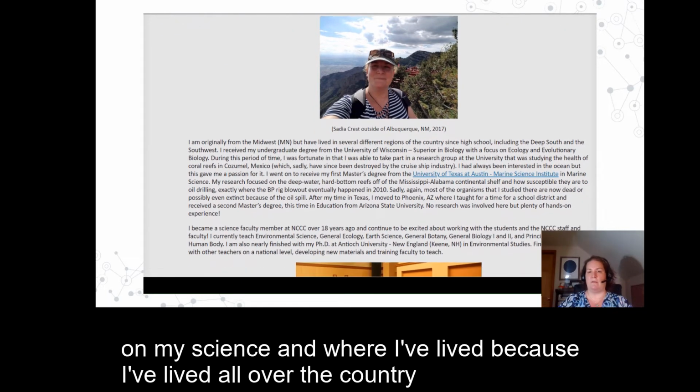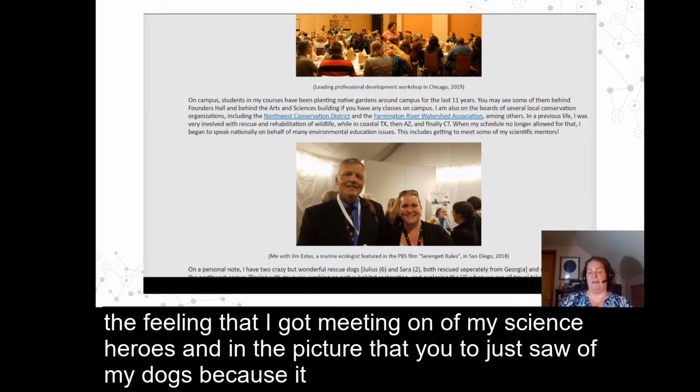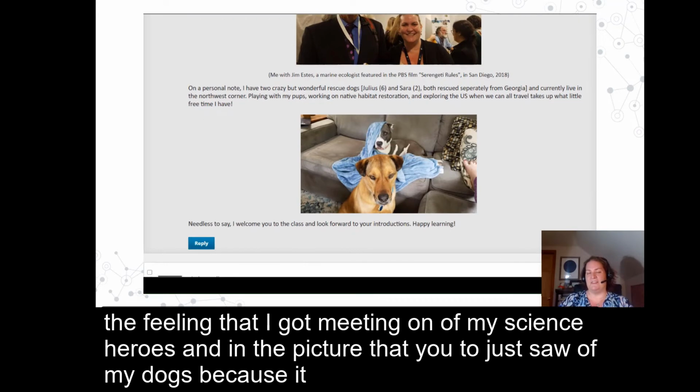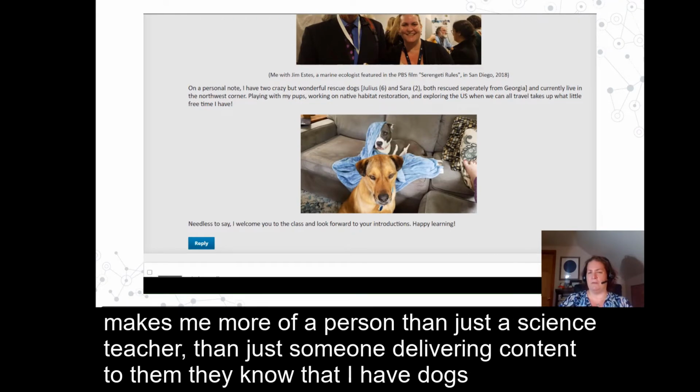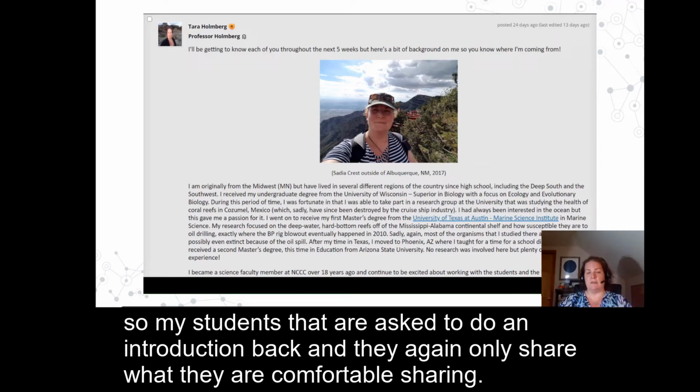I want to give them a background on where I've lived, because I've lived all around the country, the feeling that I got at meeting one of my science heroes, and then the picture that you just saw of my dogs, because that makes me more of a person than just a science teacher, than just somebody delivering content to them. They know that I have dogs, and for many students, having pets makes an instant connection. So my students then are asked to do an introduction back, and they again only share what they're comfortable sharing.